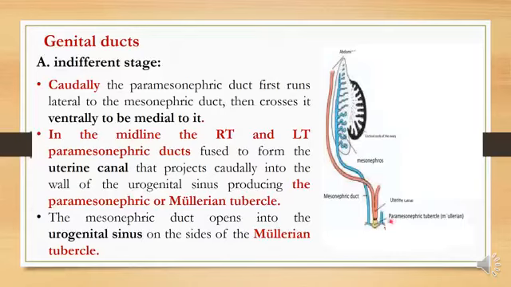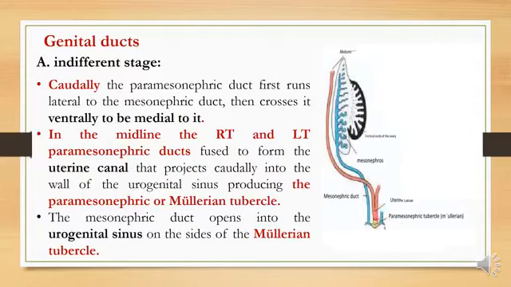Caudally, the paramesonephric duct first runs lateral to the mesonephric duct, then crosses ventral to it to lie medial to it. In the midline, the right and the left paramesonephric ducts fuse, forming the uterine canal that projects caudally into the wall of the urogenital sinus, producing the paramesonephric or Mullerian tubercle.